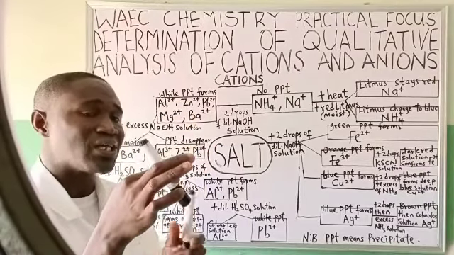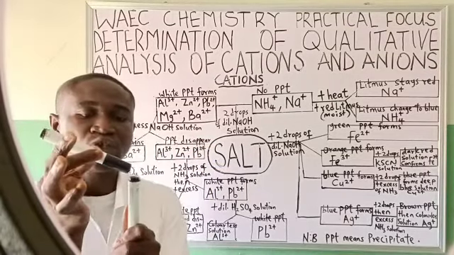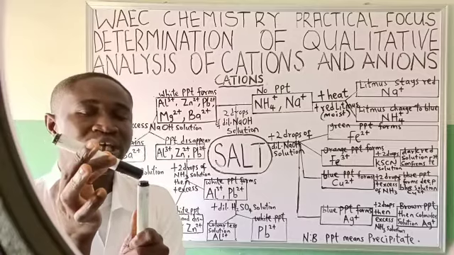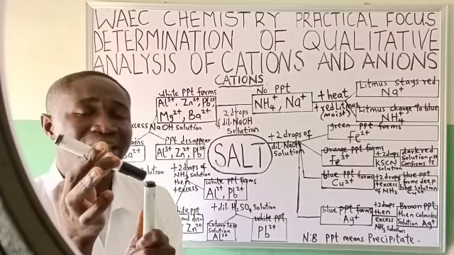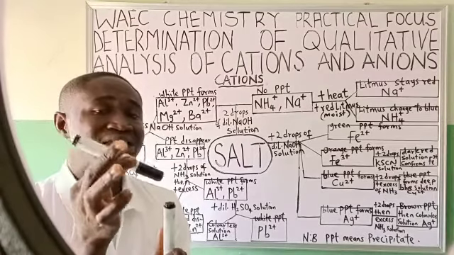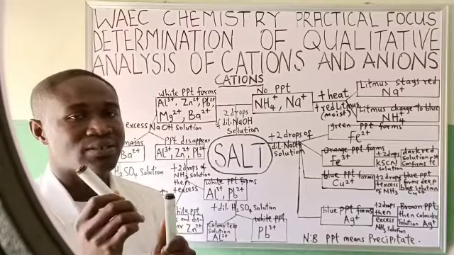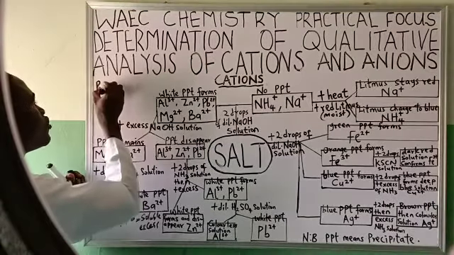Once you have achieved that, put it on the flame to check if color will be imparted to the flame. If there is color imparted to the flame, it means it is positive to the flame test.